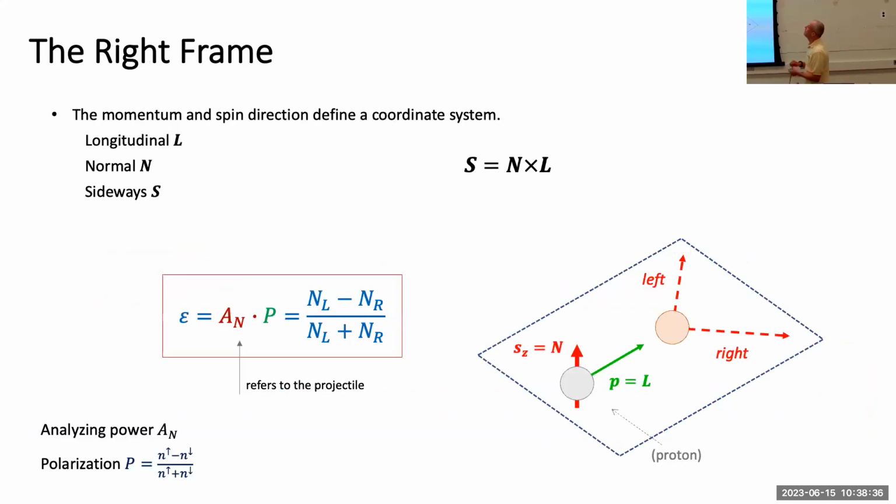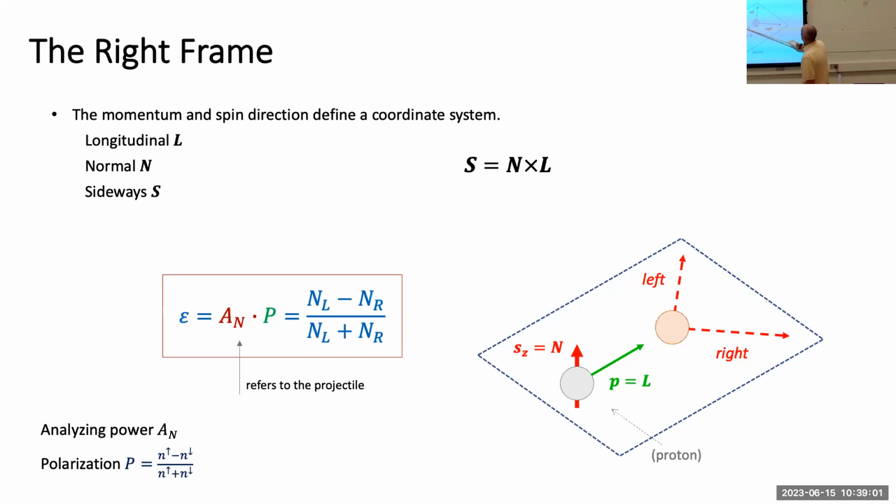So before we think about the experiment itself, I want to introduce the right frame, and the right frame really is defined by our scattering plane. So we have this experiment in mind where we have the polarized beam, we have some sort of target, and we do a scattering experiment.